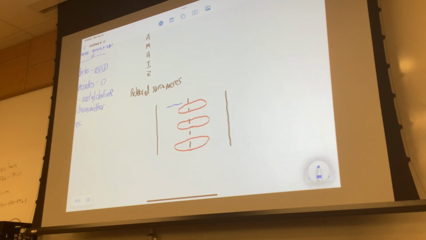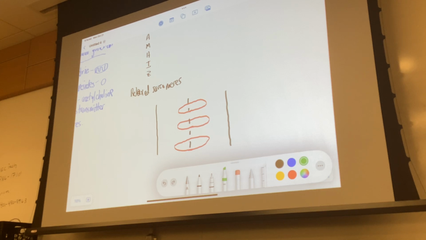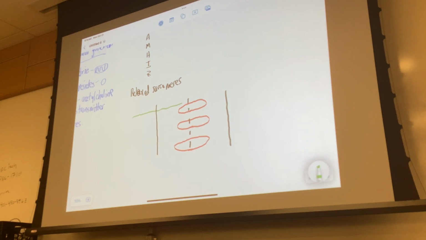And my drawing is not perfect by any stretch.